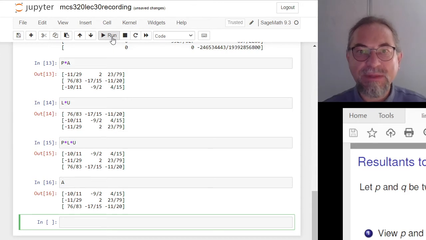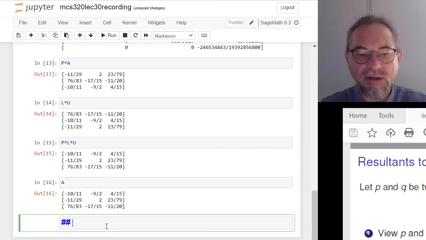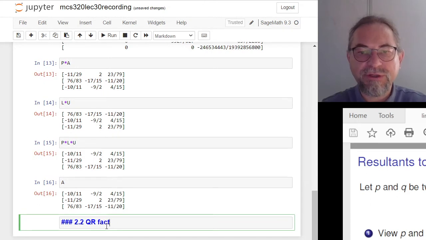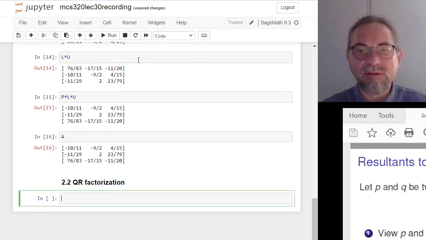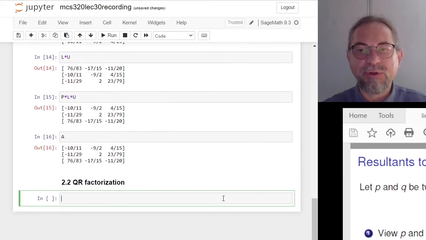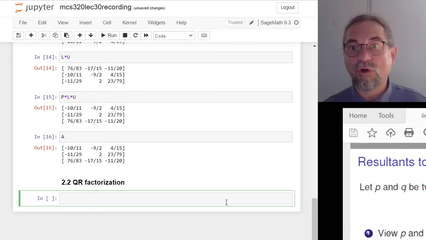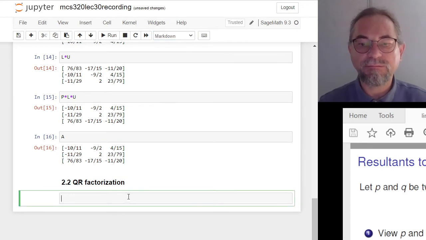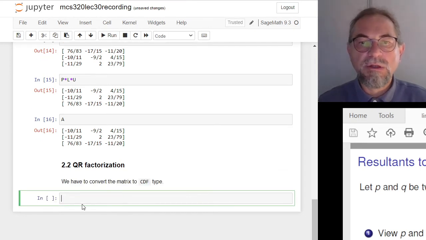Okay, saved. So the QR factorization is the second form. So 2.2, the QR factorization. Here we had the LU operand, but the dot QR will not work on this example. So we have to convert the matrix to the CDF type. So how do we do this?